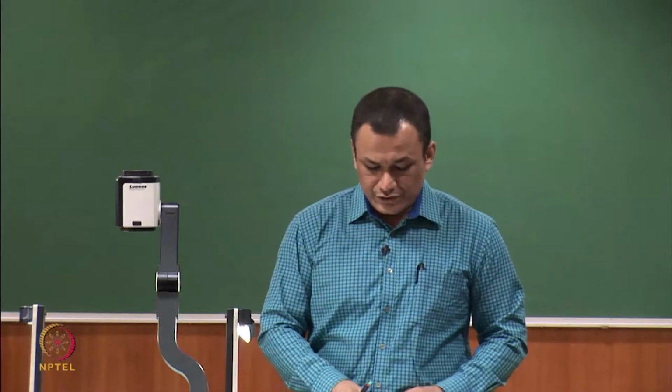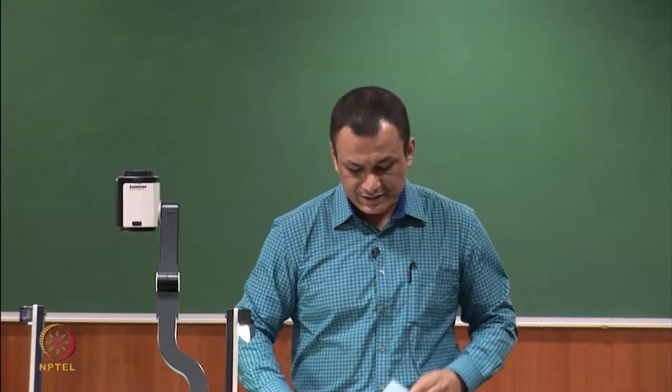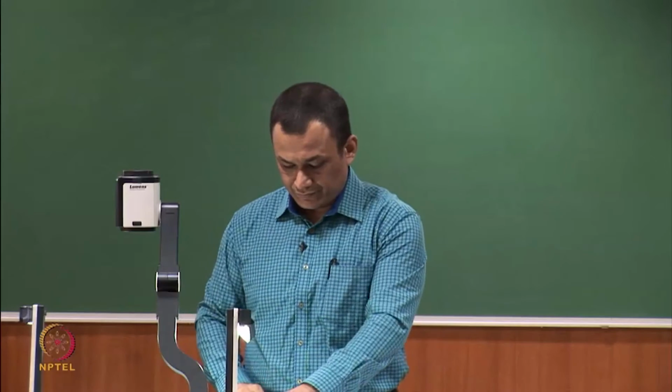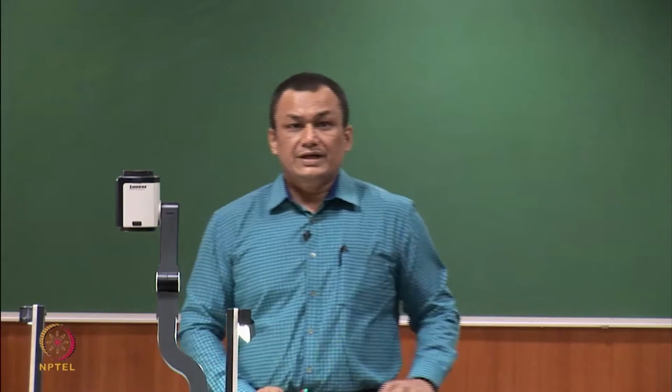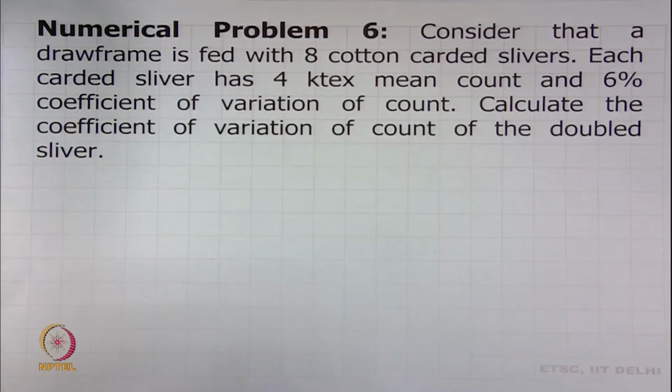Now, we proceed to problem number 6. Consider that a draw frame is fed with 8 cotton carded slivers. Each carded sliver has 4 kilotex mean count and 6% coefficient of variation of count.